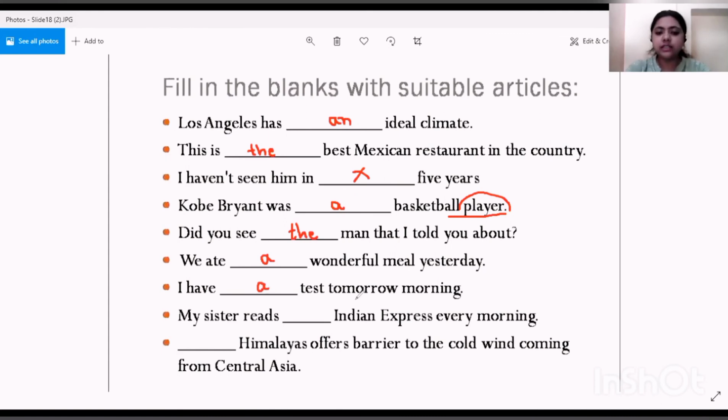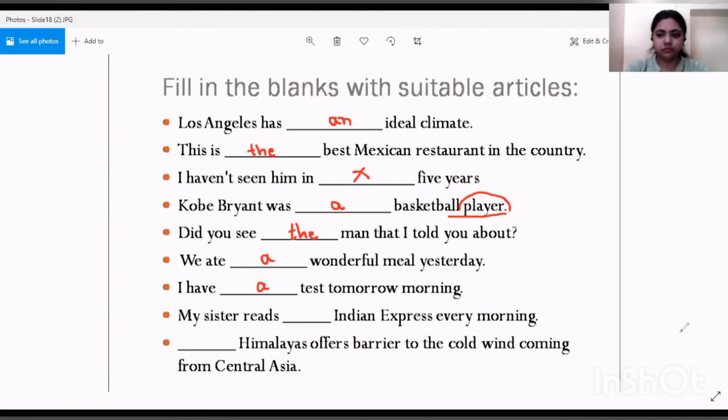My sister reads dash Indian Express every morning. Atufa. Ma'am, it will be an. Okay. Anybody having a different answer? Arzu, what is your answer?